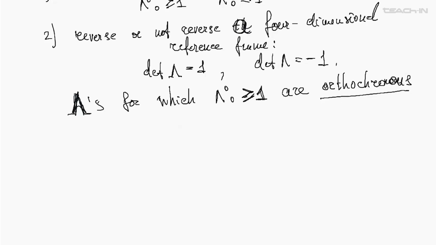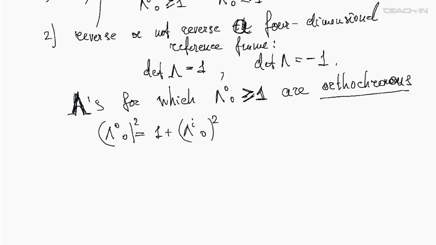Now, lambdas for which lambda 0,0 is bigger than or equal to 1 are called orthochronous transformations for the reason they preserve the direction of time. And the product of two orthochronous transformations is also an orthochronous transformation. And you can see it easily if you notice the following. Lambda 0,0 squared, as we said, is 1 plus lambda i 0 squared, and this is bigger or equal to 1.